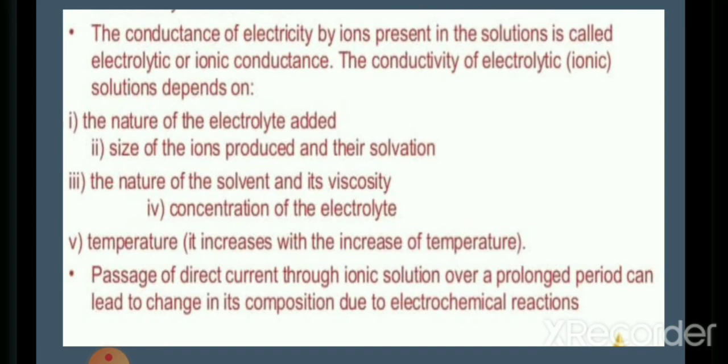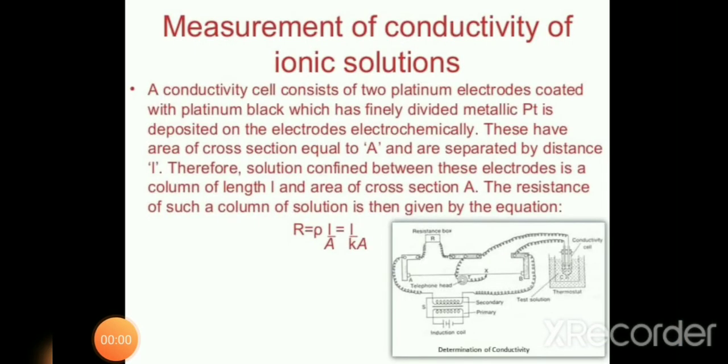Now let us see what will happen if direct current is passed through a solution. Passage of direct current through ionic solution over a prolonged period can lead to change in its composition due to electrochemical reactions. Measurement of conductivity of ionic solutions.